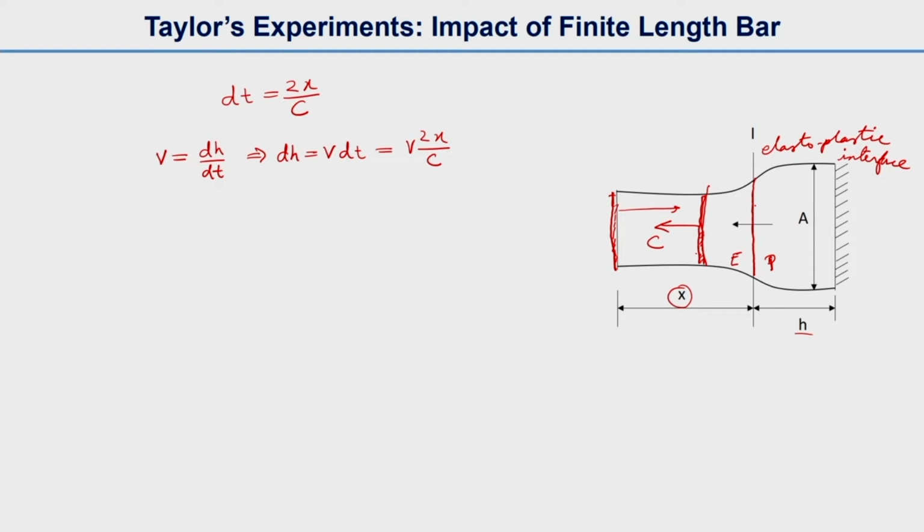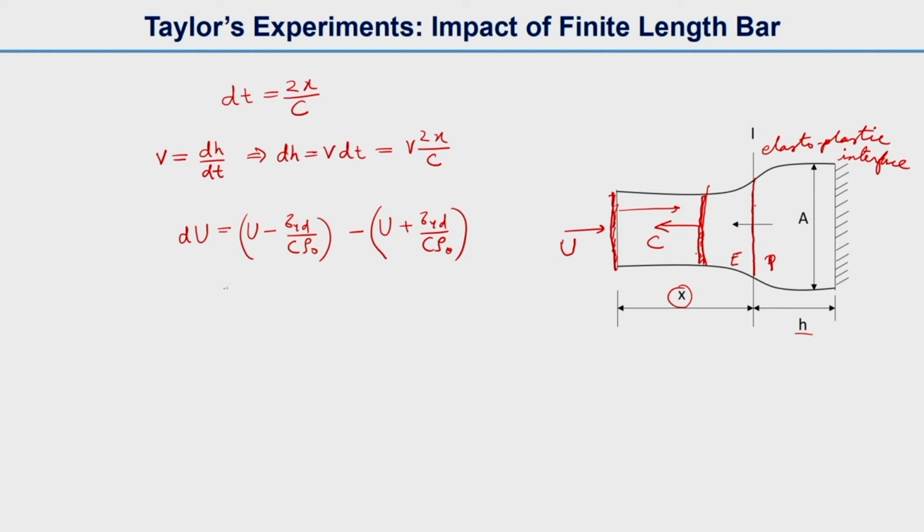And also if you want to know the du, that is the change in impact velocity, or the change in the velocity of the back portion of the impacted bar, that will be equal to u minus sigma yd c by rho naught, which is before reflection, and then minus sigma yd c by rho naught after reflection.